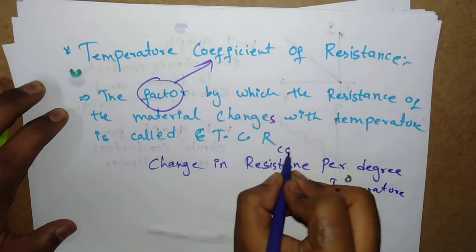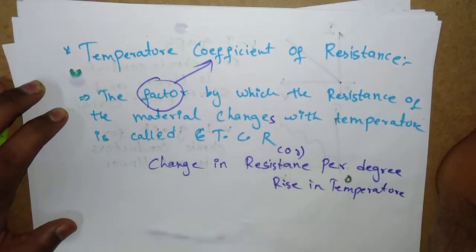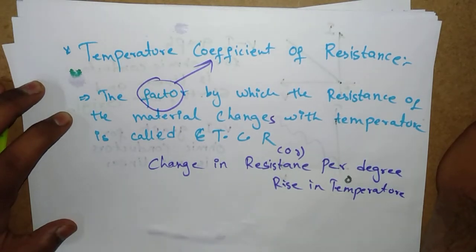You can also define temperature coefficient of resistance as change in resistance per degree rise in temperature. How much resistance is getting increased per rise in temperature? Nothing but temperature coefficient of resistance.